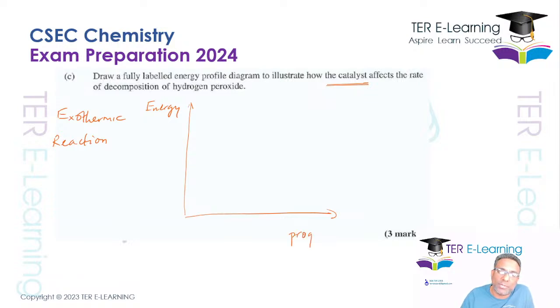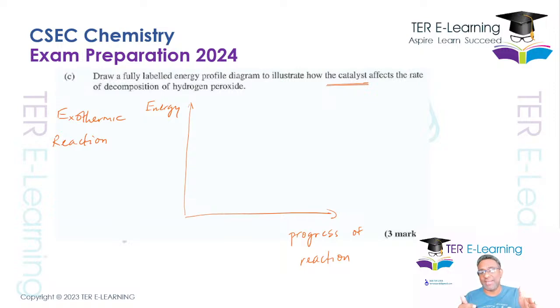Now, in an exothermic reaction, energy is released. So when I'm drawing a diagram like this, I need to put the position of the reactants and the products.